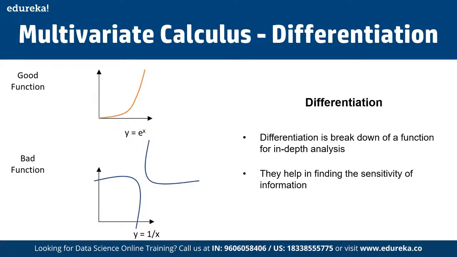If we take a closer look, it is really easy to break the function y = e^x, where e^x is the exponent, whereas it is much more difficult to break y = 1/x because the function behaves differently for different inputs. So we can say that e^x, the exponent, is much more efficient when it comes to varying inputs, but the same cannot be said for 1/x, right?